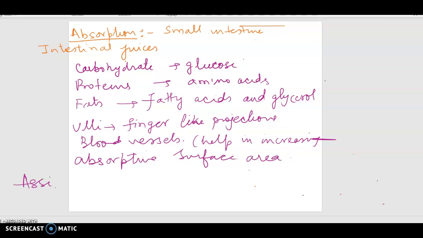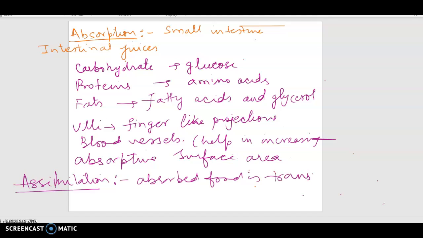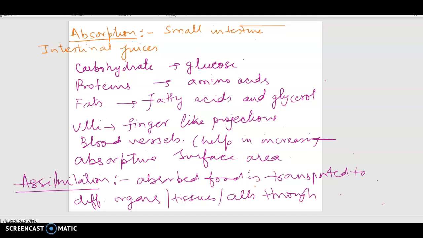Finally, another process occurs which is known as assimilation. In this process, absorbed food is transported to different organs, tissues and cells through blood.